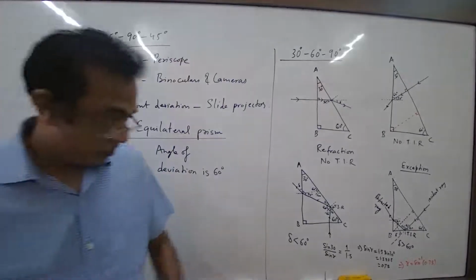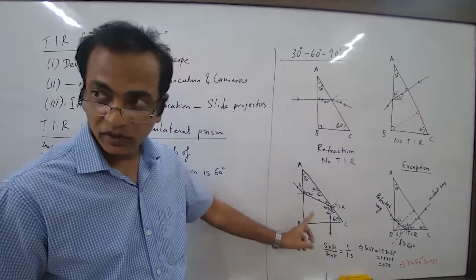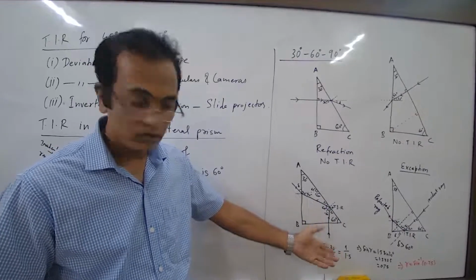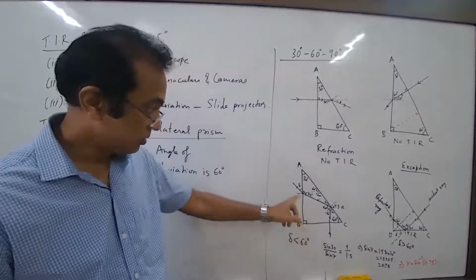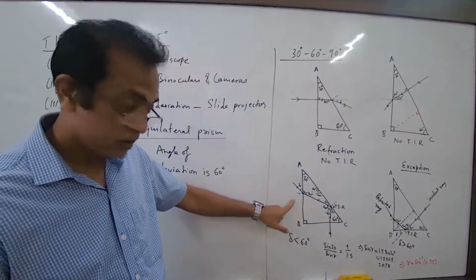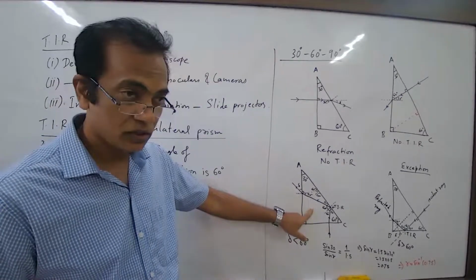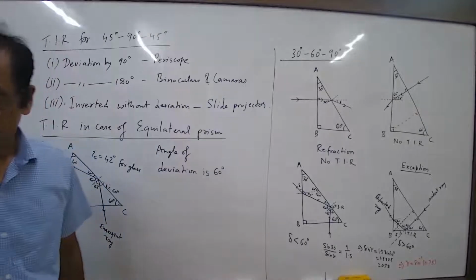Here we have to use mathematics and we have to know the refractive index of glass with respect to air. And here it is the opposite in Snell's law, because now when we apply Snell's law, it is air with respect to glass, that will be 1 upon 1.5.